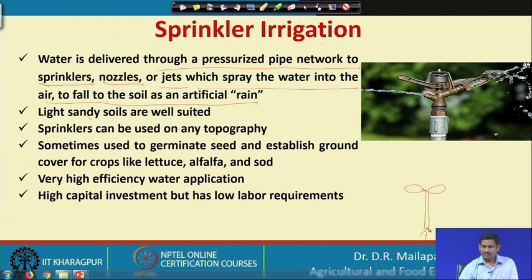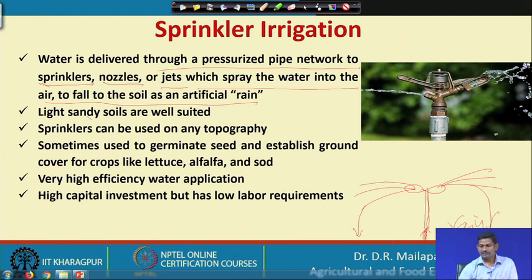The pumped or pressurized water will enter through the sprinkler, and it is going to spray water on the surface, and the water is going to fall to the ground just like rainfall.